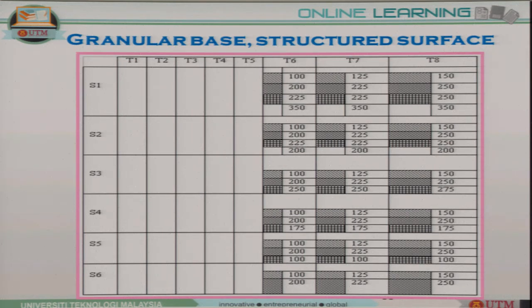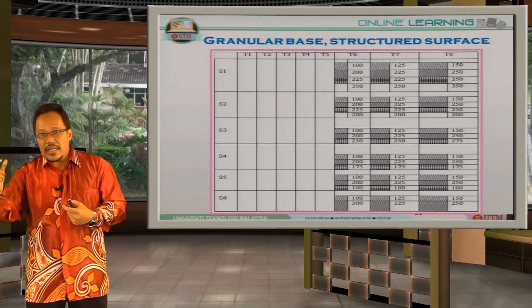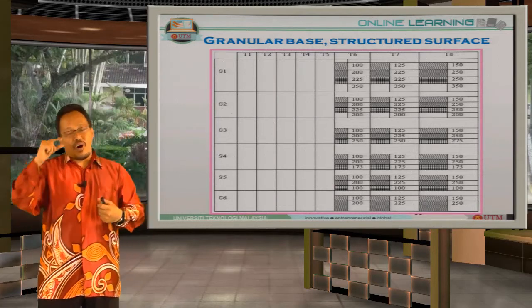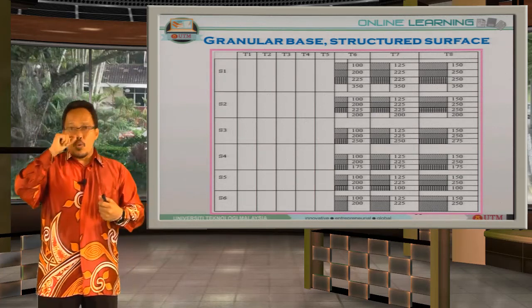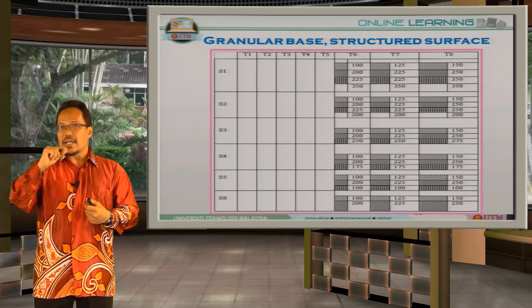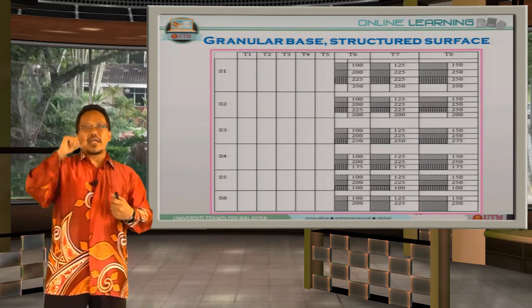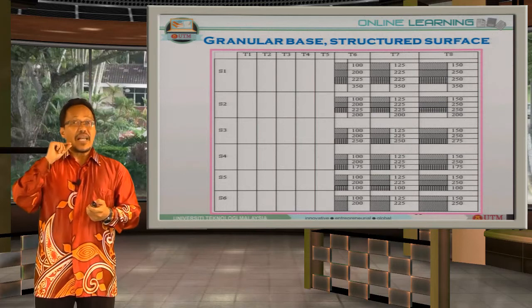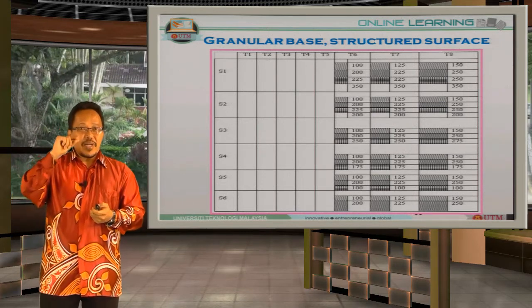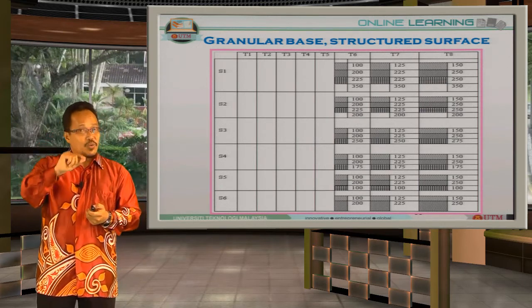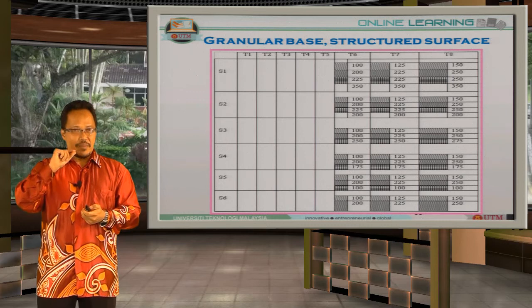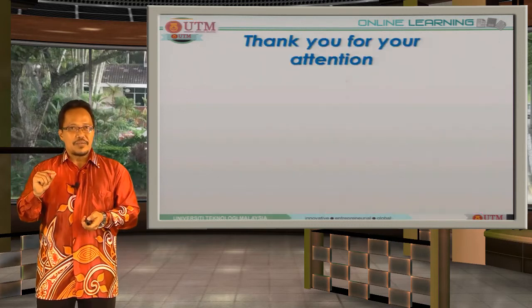It may consist of wearing course 50 mm, binder course 50 mm, 200 mm of granular road base, 225 mm of granular sub base, and since S2 is weak, the CBR is weak, so you need to introduce 200 mm of capping layer. See, capping layer only occurs on S1 and S2 for weak subgrade. The rest you don't need a capping layer.